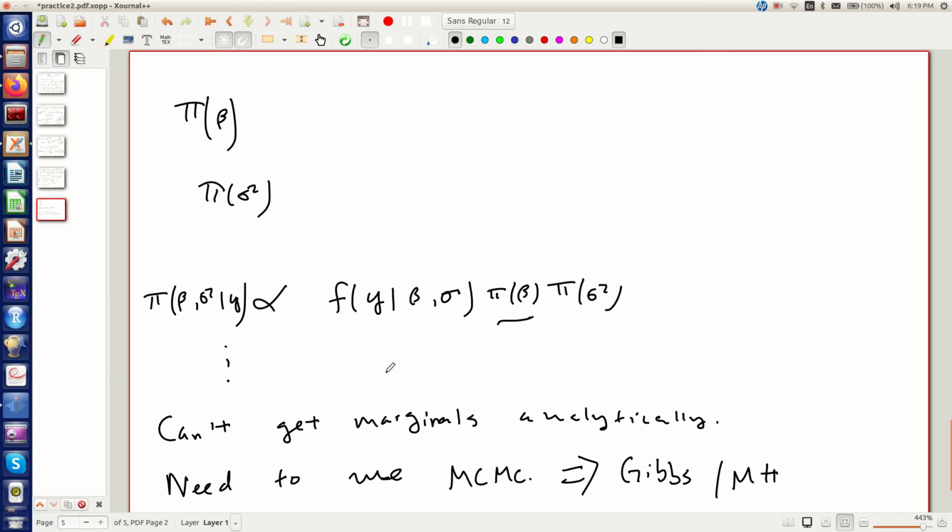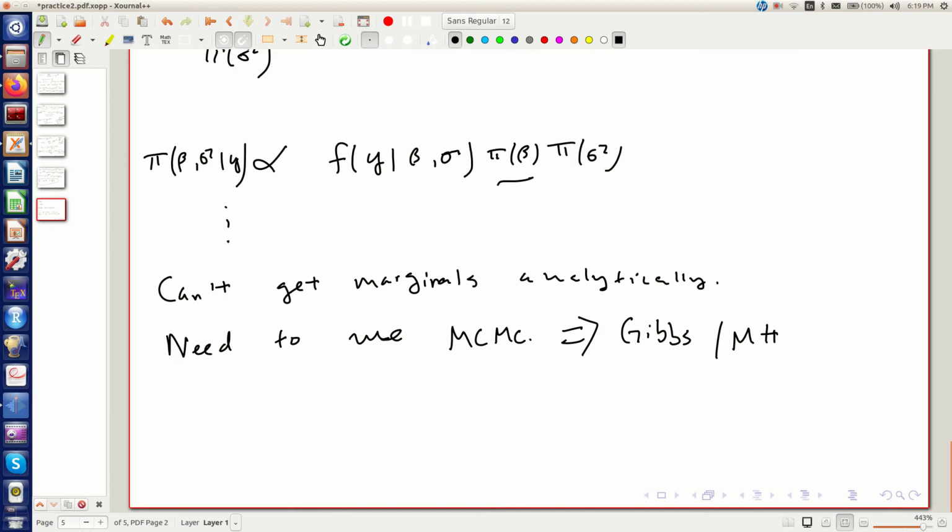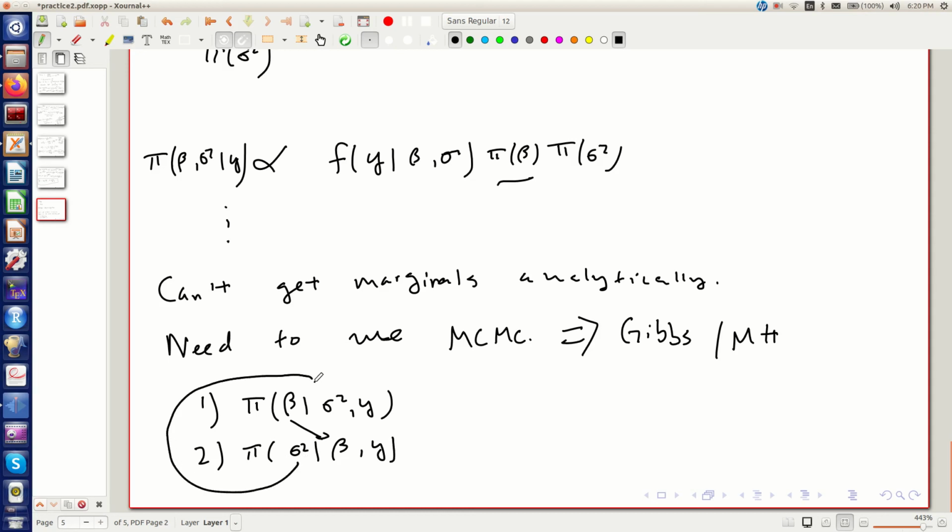Okay, and so what these methods basically do is first you'll get a conditional distribution based on sigma squared and y, sample beta, then take this beta to the next step, sample sigma squared given beta and y, and then take this number, and it's like a loop, maybe I shouldn't have chosen n, but like g times.